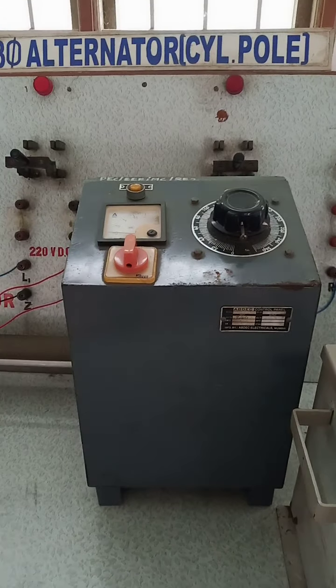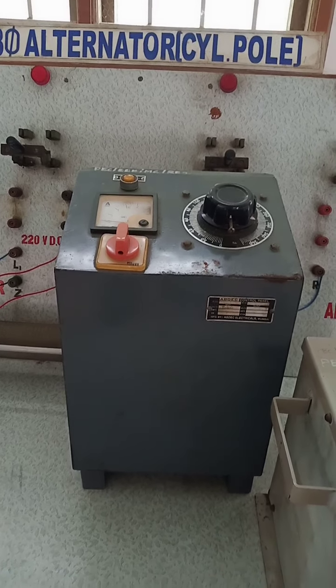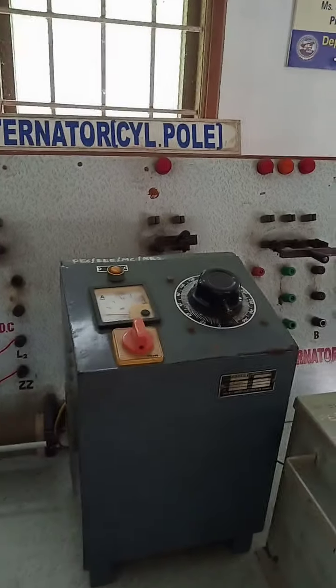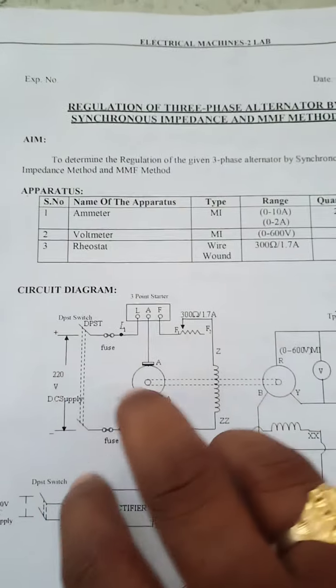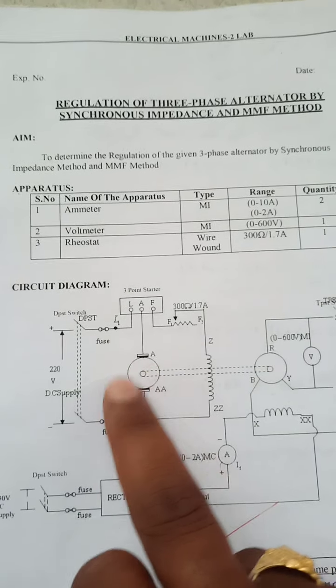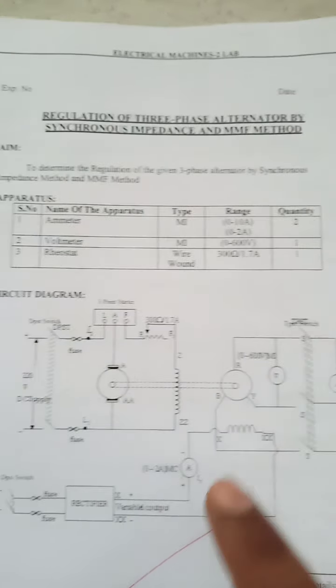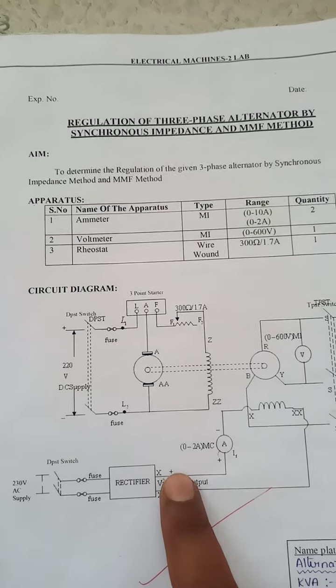A rectifier is required for the DC field supply. So this is the motor circuit, this is the alternator circuit, and this is the rectifier circuit.